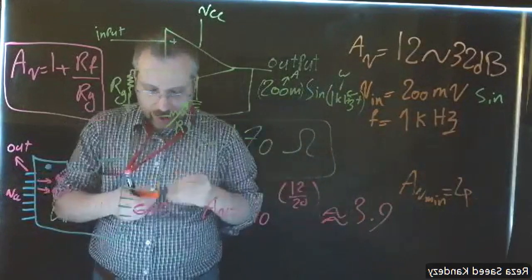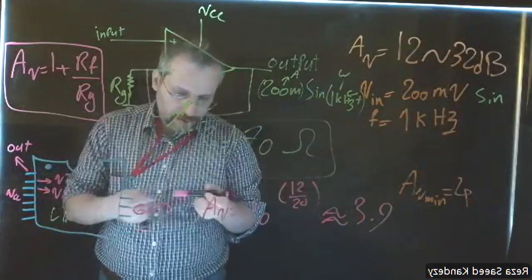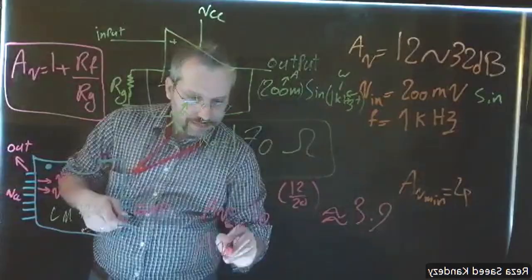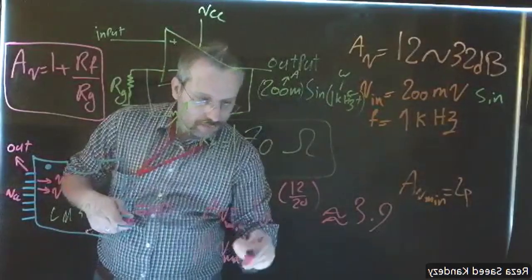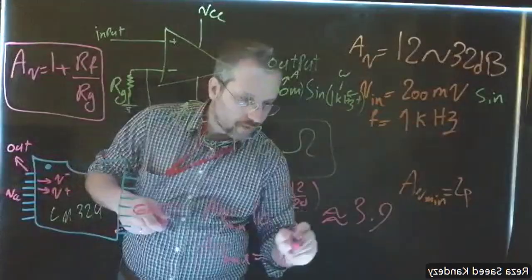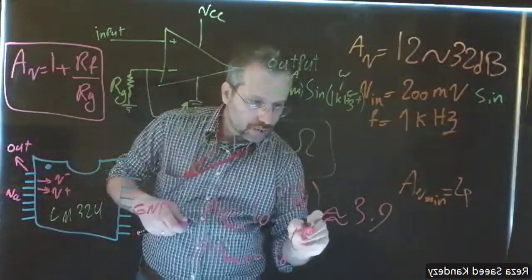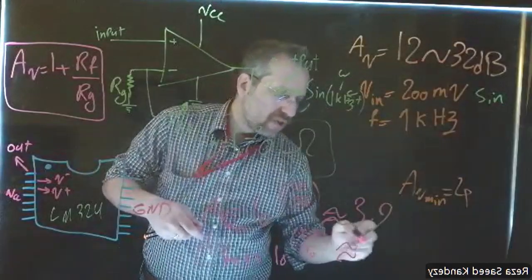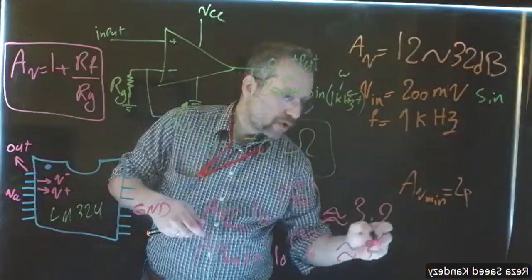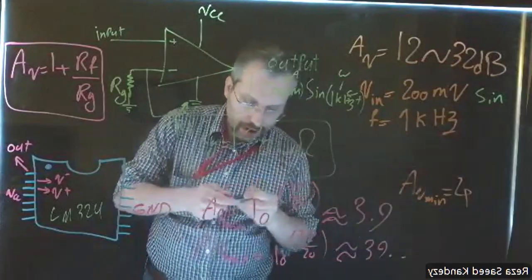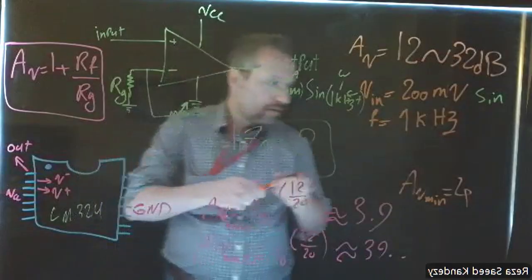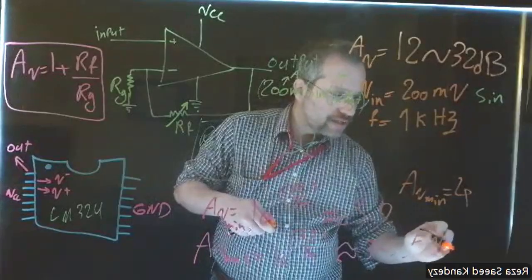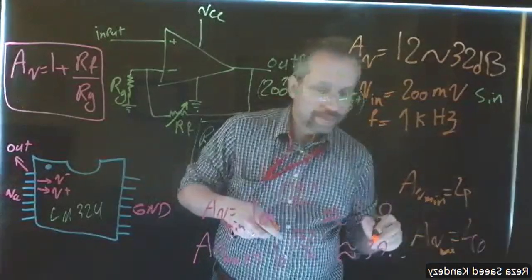Okay, so 4. My maximum gain is going to be 10 to the power of 32 over 20, which is somewhere around 39 something. So I'm going to round it up and call my AV max equal to 40.